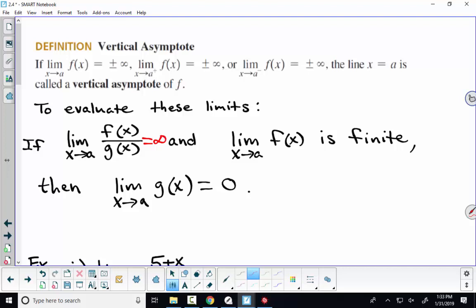So if we have a limit that's evaluating to an infinity, positive or negative, the numerator is finite and the denominator is getting smaller and smaller.